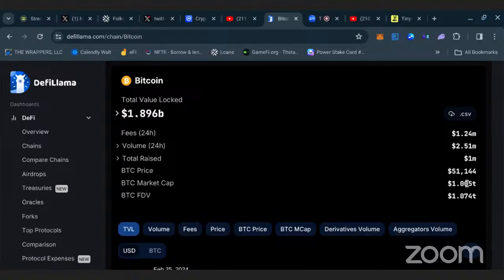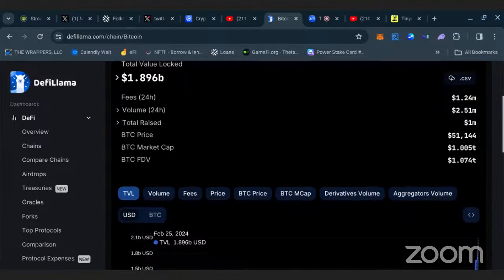The market cap, the total value of all of the Bitcoin in the world, is at $1 trillion, which is significant because Apple, Google, and a couple of other big tech companies just became $1 trillion companies recently, after being around for so long. So for Bitcoin to be so new and hit that milestone so fast is something that people should pay attention to.